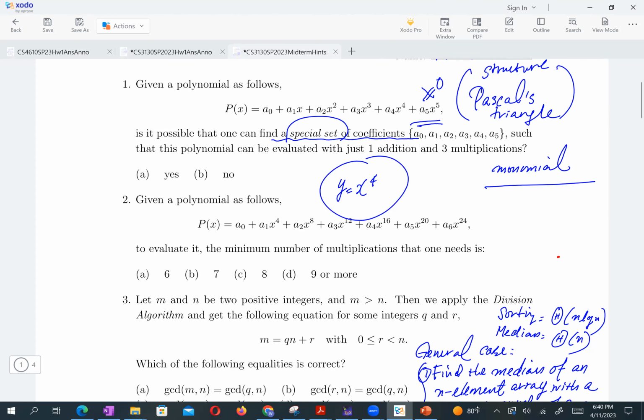To simplify it. So we can write a polynomial of y, but you need to calculate this y with some multiplications. Do not forget this part.